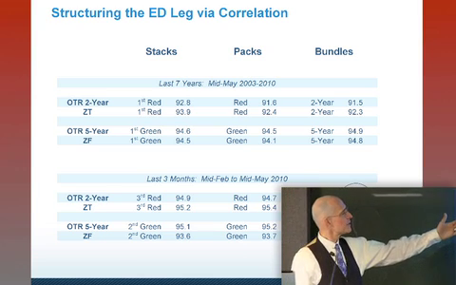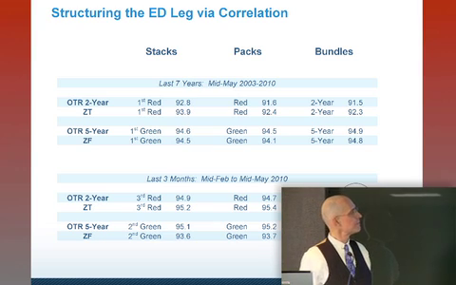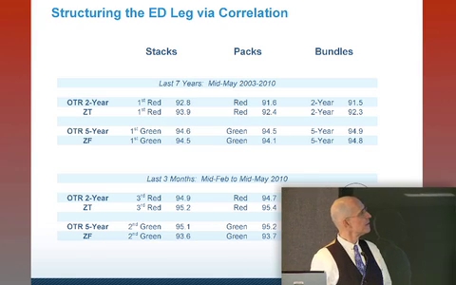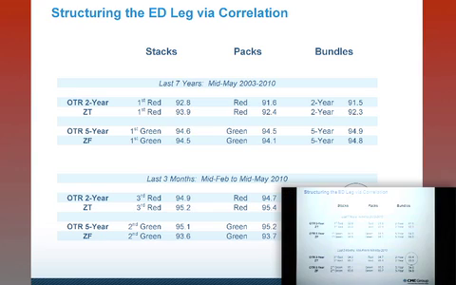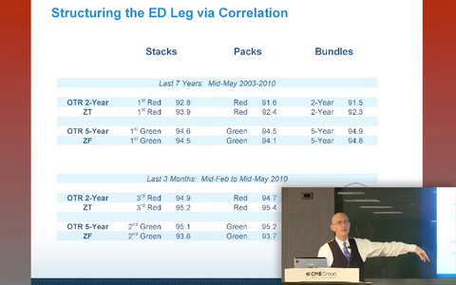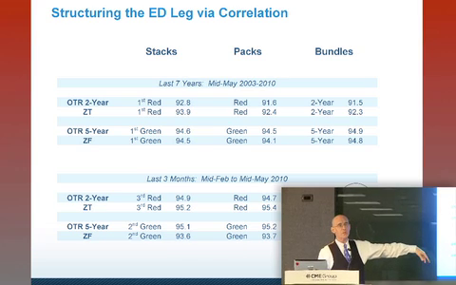If it's packs that interest you, well, golly, no surprise. You'd go for a red pack if you're spreading off against a 2-year note. You'd go for a green pack if you're spreading off against a 5-year note. I've shown correlations for bundles as well. There might be reasons why you want to spread off against that.